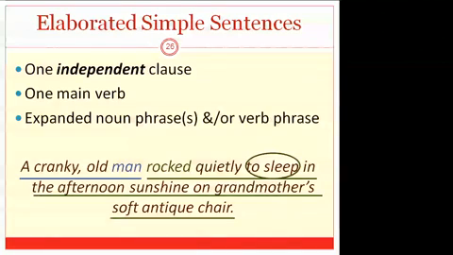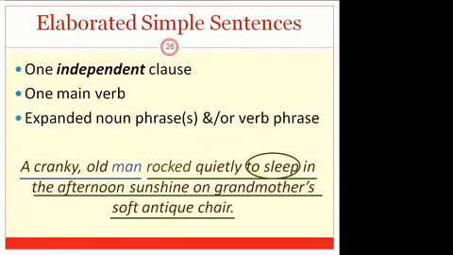The first prepositional phrase is in the afternoon sunshine. A prepositional phrase always opens with a preposition, in this case, in, and includes a noun phrase, in this case, the afternoon sunshine. Here again, this noun phrase is a little more expanded in that we have an article, the, and the noun sunshine. In addition, we have the adjective afternoon.